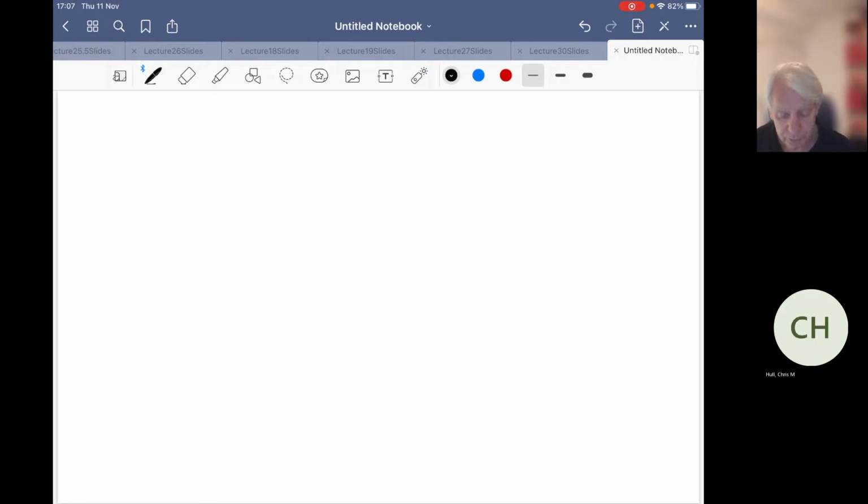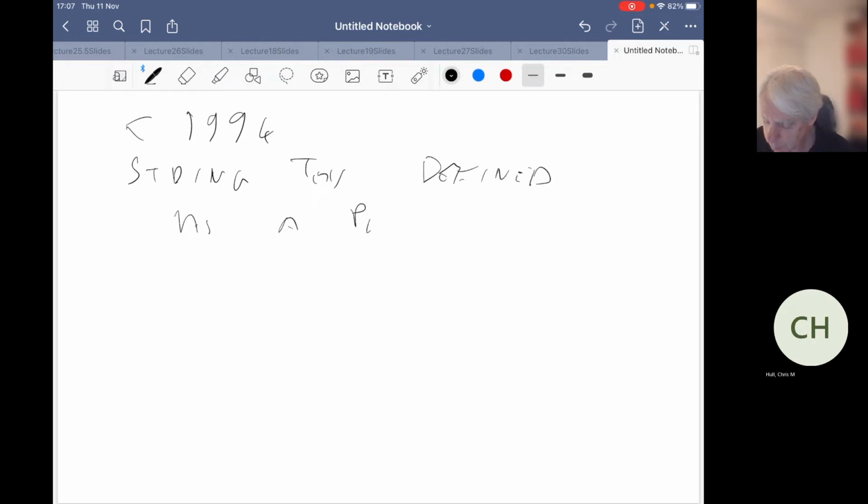If we think about strings before 1994, string theory was defined as a perturbation theory, and it gave a prescription for calculating the scattering of string states perturbatively in the coupling constant.